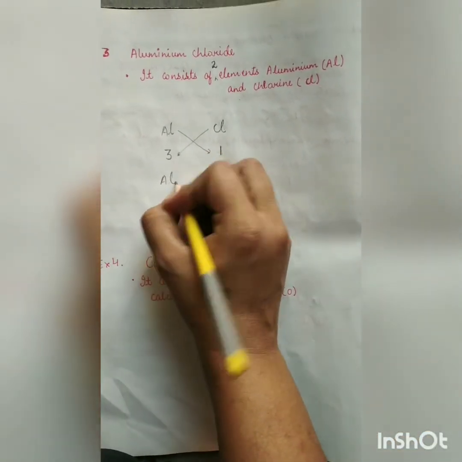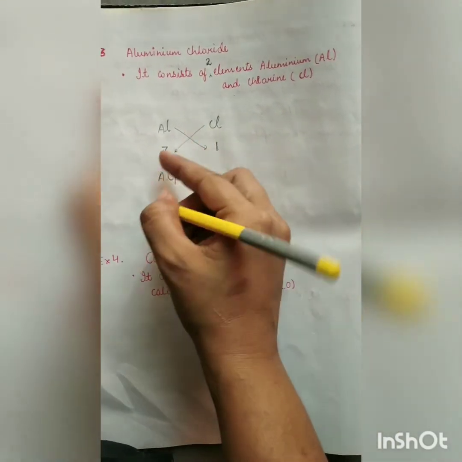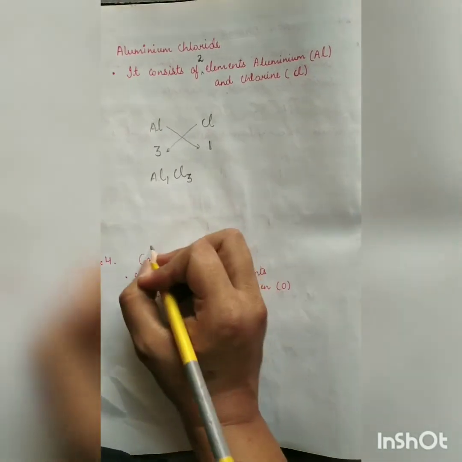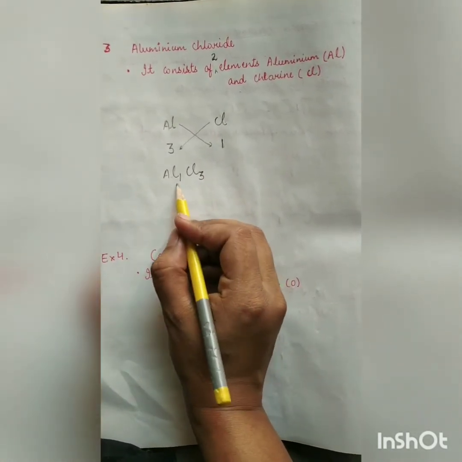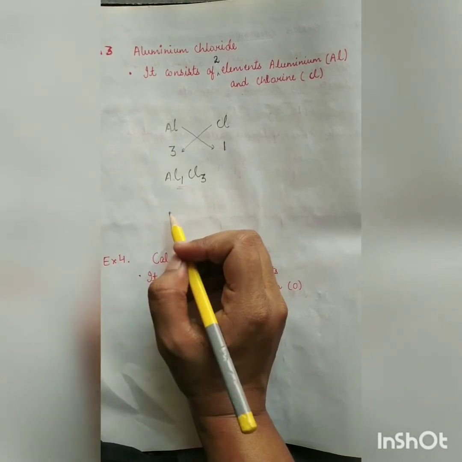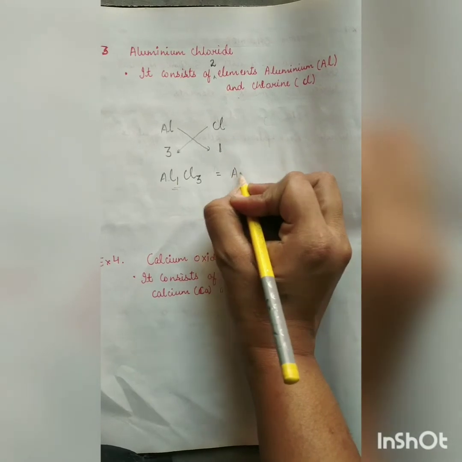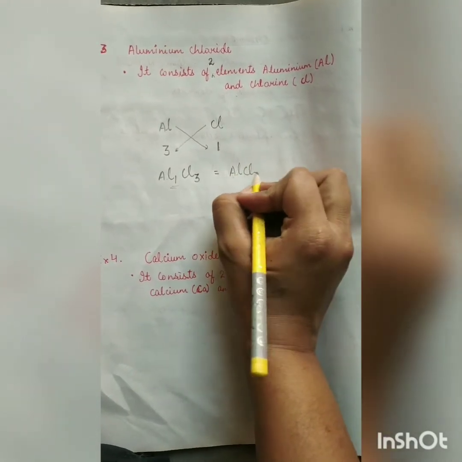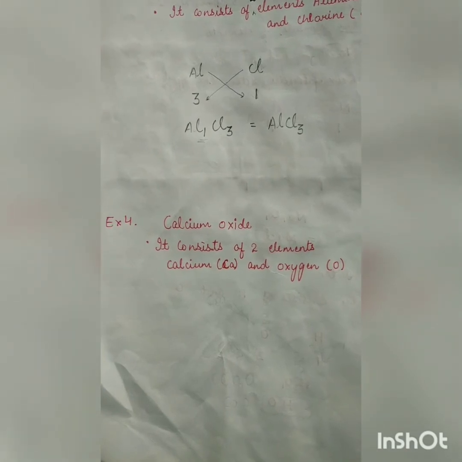Aluminium and then this subscript, then chlorine and then this subscript. As you know, in writing chemical formula, 1 is not included. So the formula of aluminium chloride becomes AlCl3.